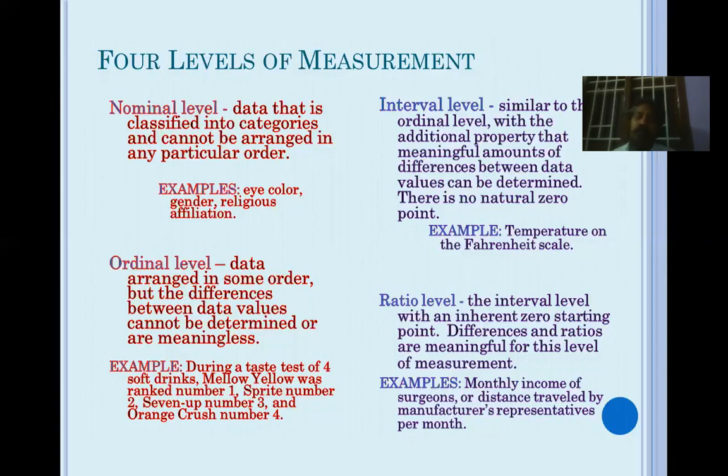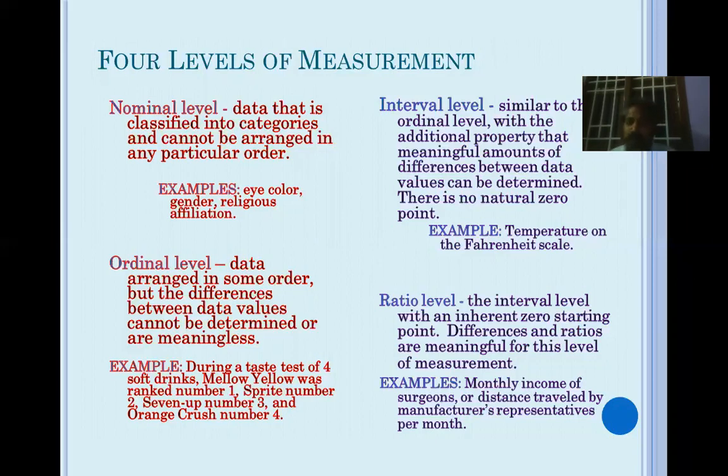But you can ask, sir, what is the difference between the interval level and the ratio level? It's very simple. As far as the ratio level is concerned, there is an inherent 0 starting point, an original 0. If a person is not working anywhere, his income is 0. If a child has not written anything on the examination paper, his mark is 0. So when there is a true 0 point, that is ratio data.